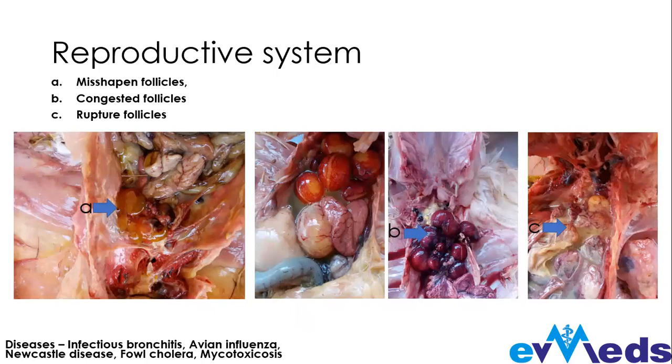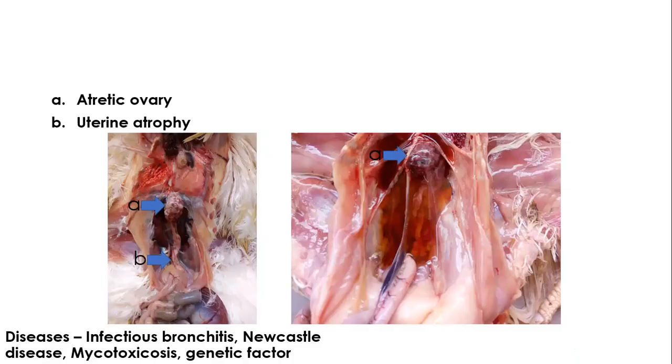You can see in the previous slide that in all these animals, there is still a follicle. Once an animal reaches reproductive age, there will be one type of follicle or the other. They may have problems, but at least there will be a follicle. But if you look at this picture, there is no follicle.